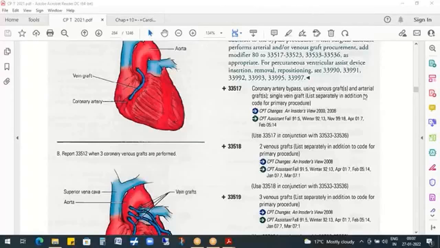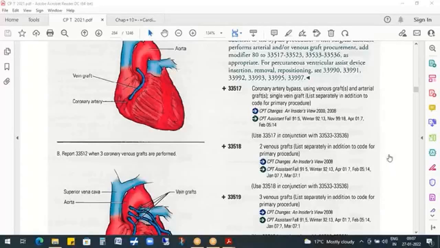Geeta, why did you code 33517 and 33511 and 518? Why did you code 33511? See, they used arteries and veins, not vein grafts. That add-on code is used only along with arterial grafts.